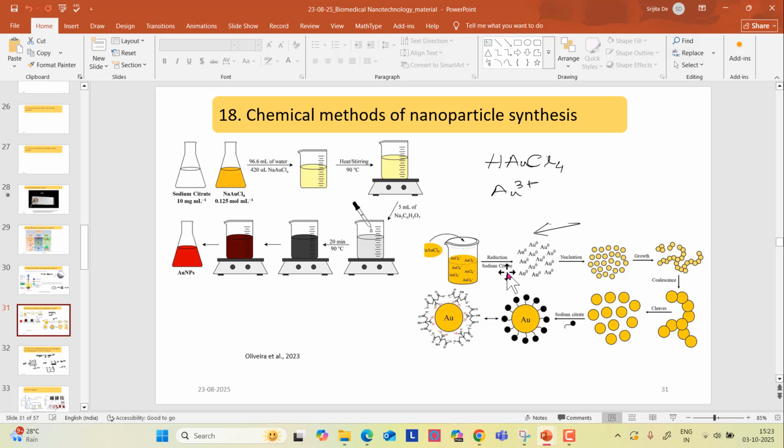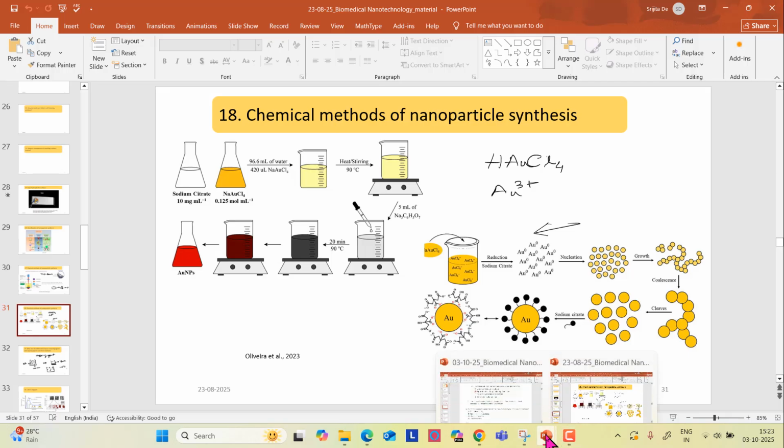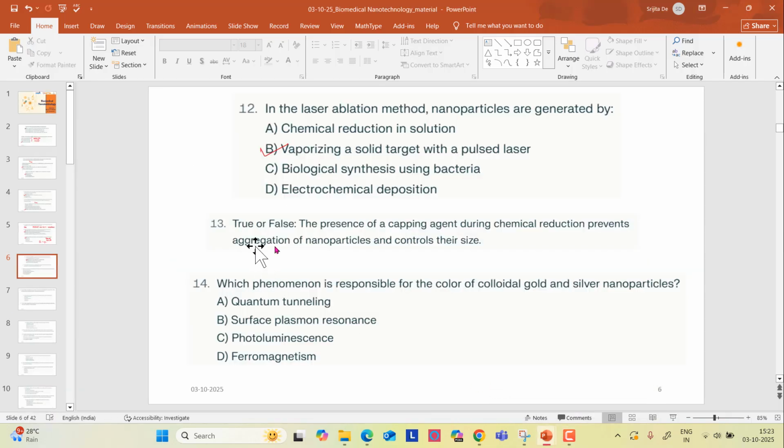Also, you can call it a capping agent, and then the nucleation happens, then the growth happens, coalescence happens, and finally the nanoparticle is formed. So this capping agent is used to prevent aggregation of the nanoparticles, right? So, this is true.